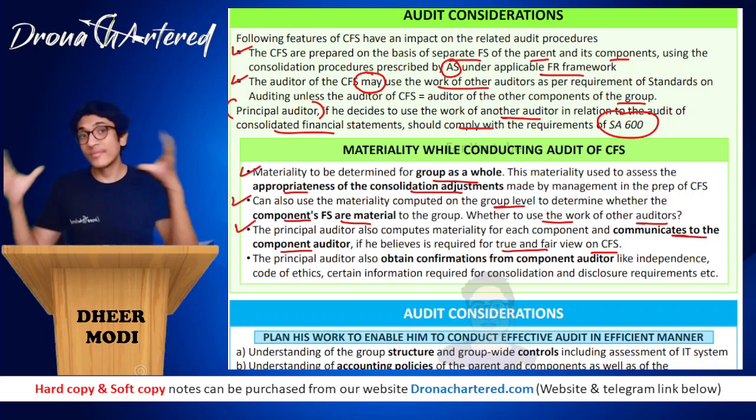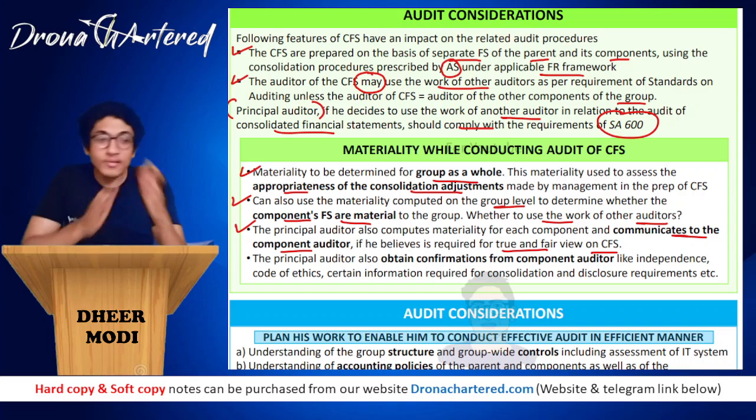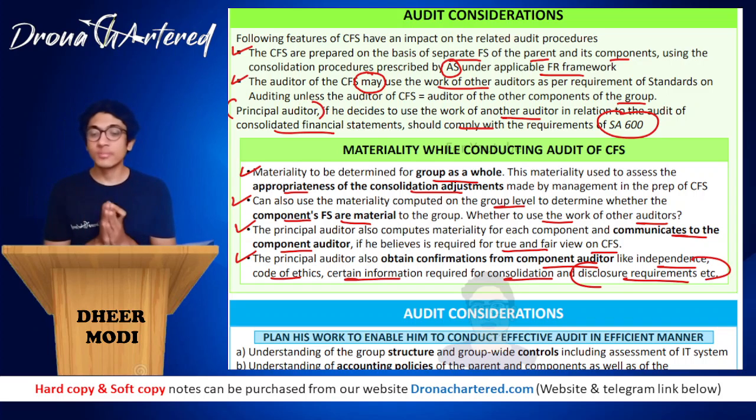That means if he feels that it is required for your consolidated financial statements, then he will determine materiality component wise. The principal auditor also has to obtain confirmation from the component auditor on independence, code of ethics, certain information required for consolidation, and your disclosure requirements. All of this he will be taking from your component auditor.